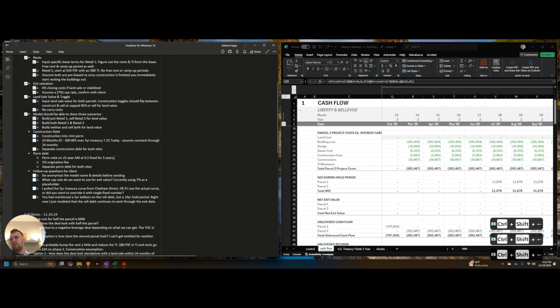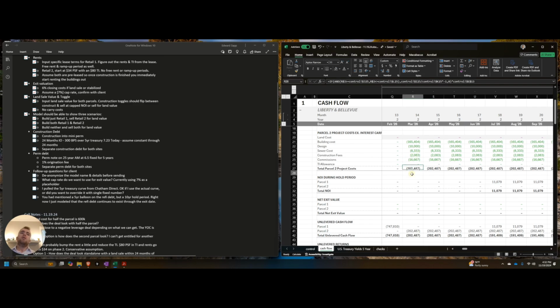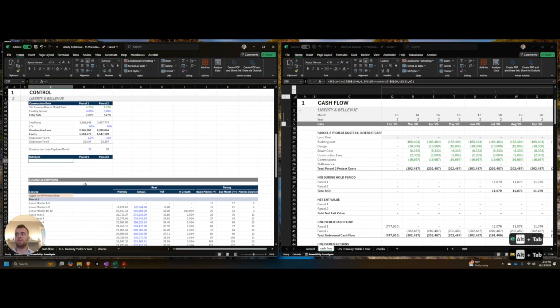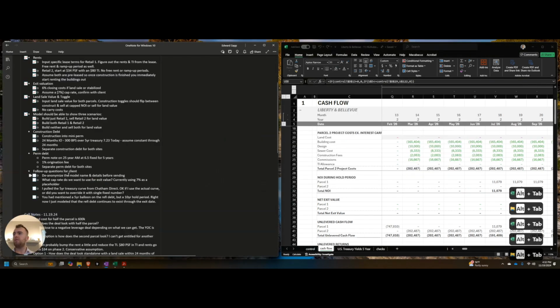Balloon means you pay it off, but then, if we're selling this in year 10, you usually pay your refi debt off at the time of sale in a model, or you create a second refi that replaces the first refi. But this is supposed to be a basic model. So it's like, so refi.